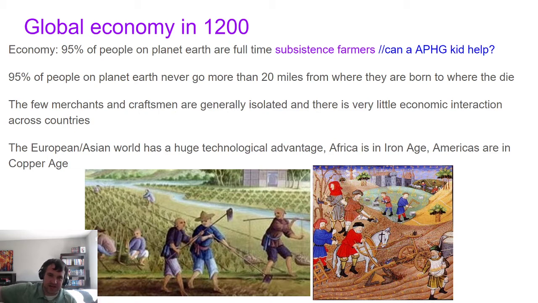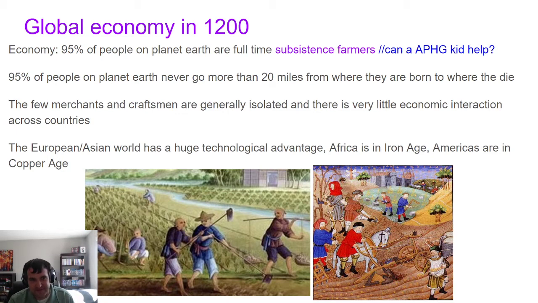So what's going on on planet Earth, what is this, 820 years ago? Well, the economy, 95% of people on planet Earth, probably even more than 95%, are full-time subsistence farmers. Anywhere on planet Earth. You go to Africa, you go to China, you go to Europe, you go to Mexico, people are just farming all the time.